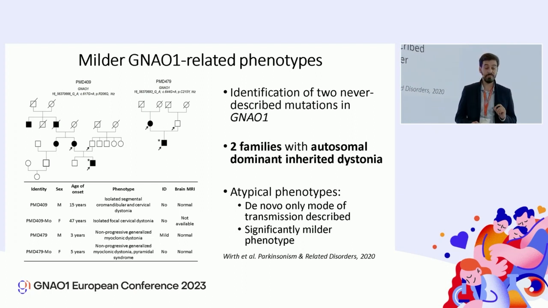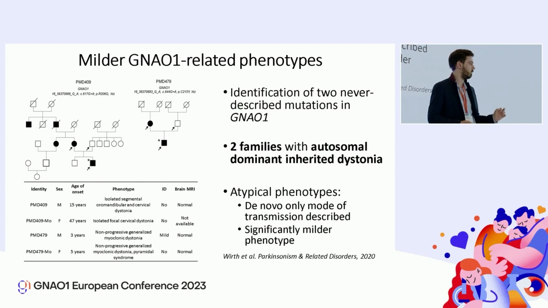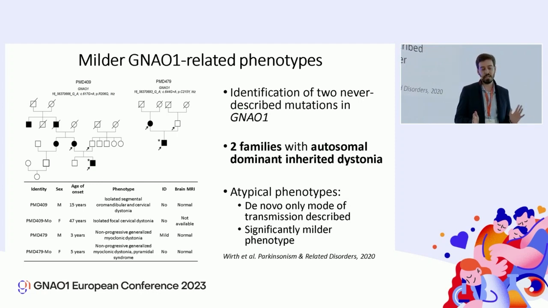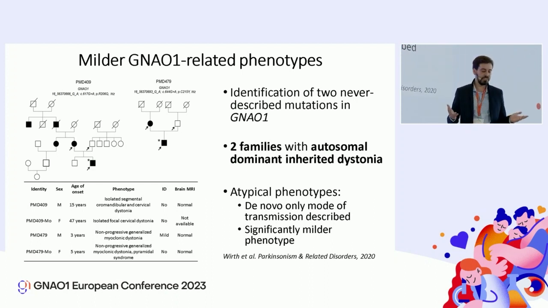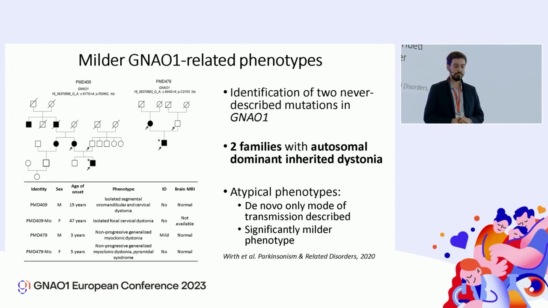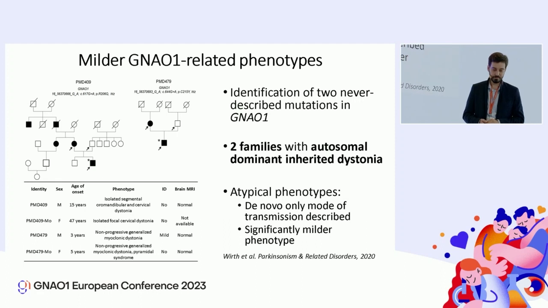Some patients even showed isolated cervical focal dystonia beginning at 47 years of age, so pretty late in life. So these phenotypes were quite atypical. And the variants were inherited, while only de novo mutations were reported at that time.